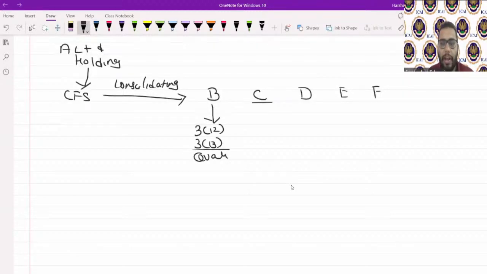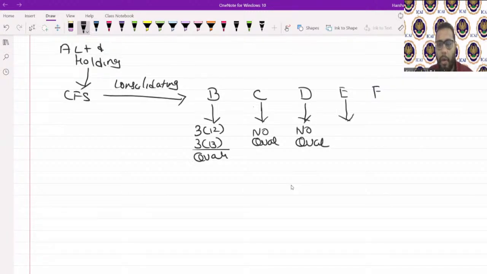Here there is no qualification. Again, no qualification. Again, no qualification. Here, let's say 3.1 and 3.2 are qualifications.